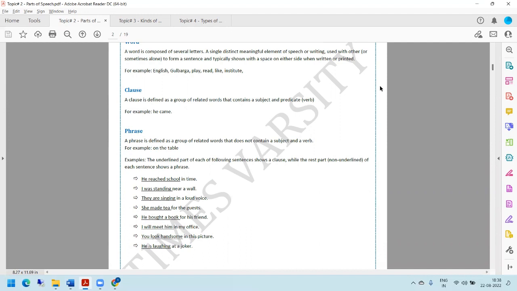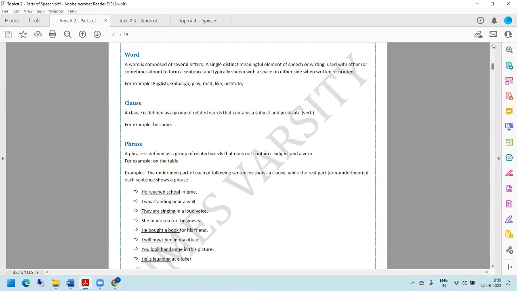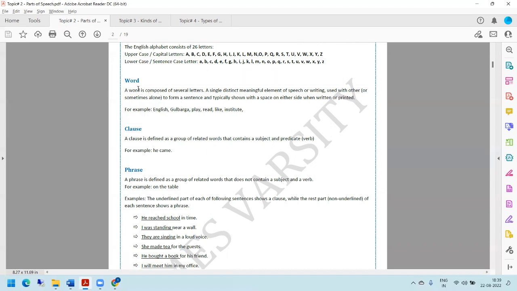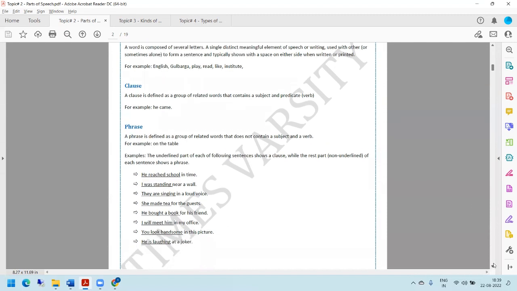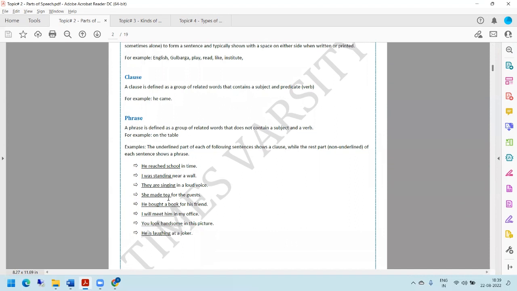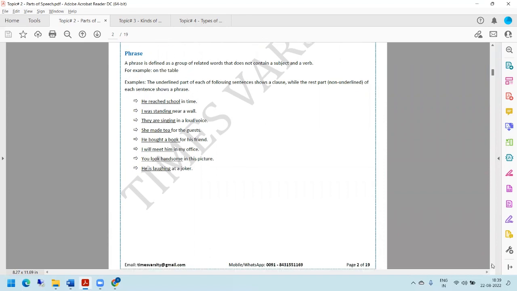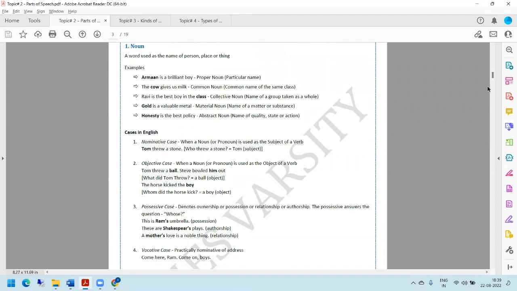So we can say that a word is composed of letters, then a clause is composed of words, a phrase is composed of clauses, and a sentence is composed of phrases. All these are the examples.